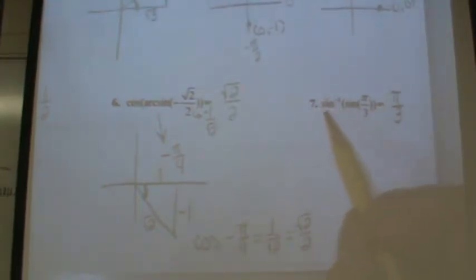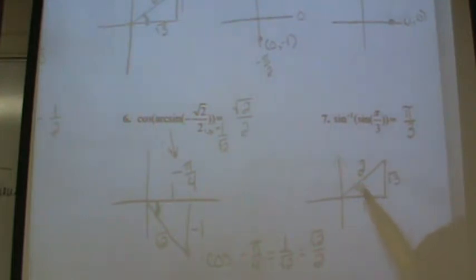And we can tell that because this time we're taking the sine of pi over 3 and then we're putting that into the inverse. So it's just the opposite of what we did back here. So this time we're gonna get back the angle. We know our pi over 3 angle is here. And then we need to label our triangle. So across from pi over 3, we have our root 3, that's a 1, and our hypotenuse is the 2.